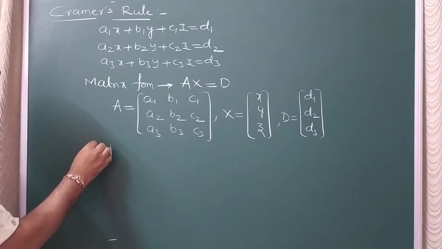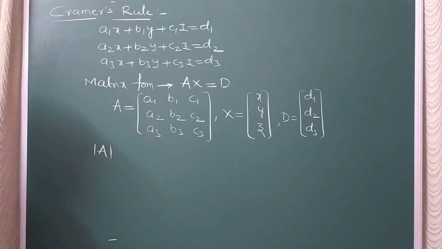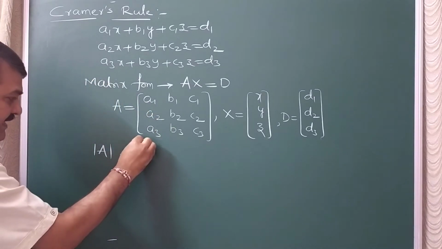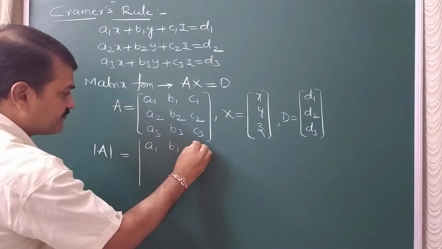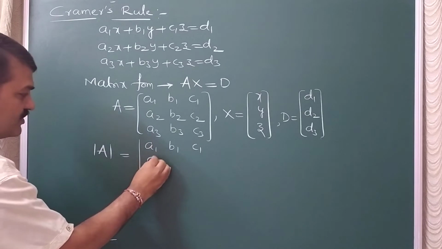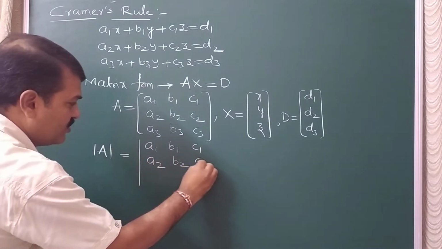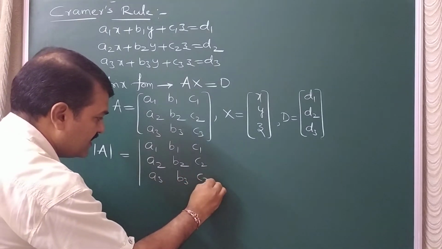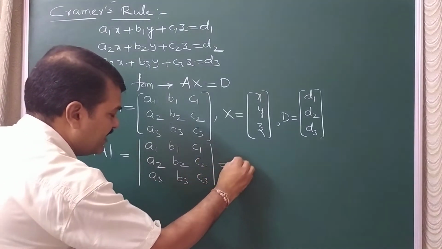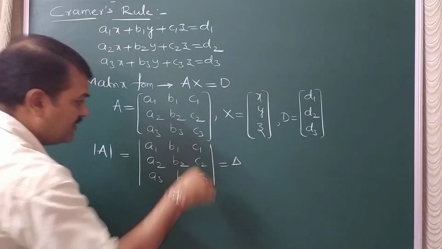Next, now the determinant of this coefficient matrix. Let me suppose this determinant value to be delta.